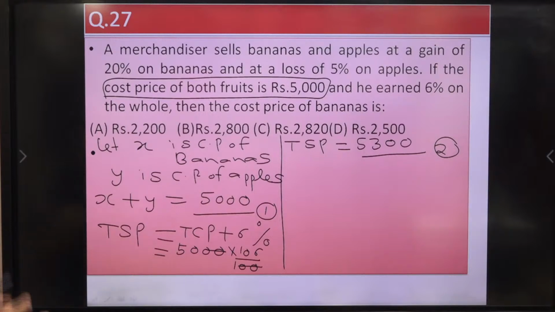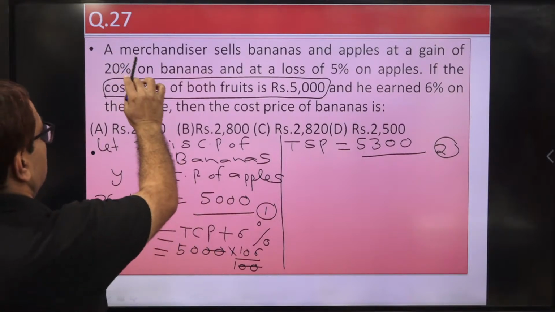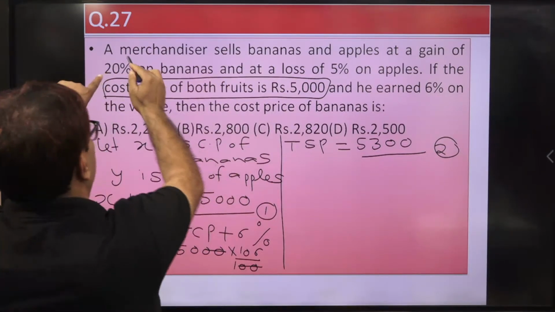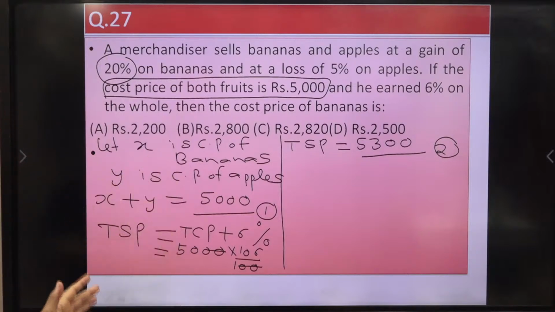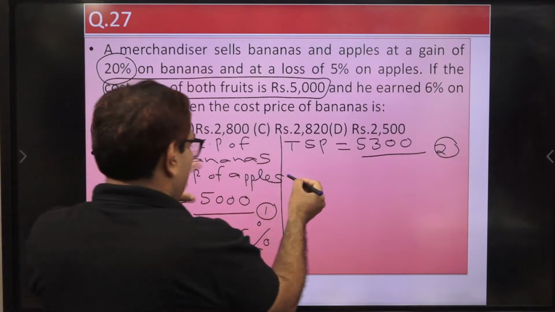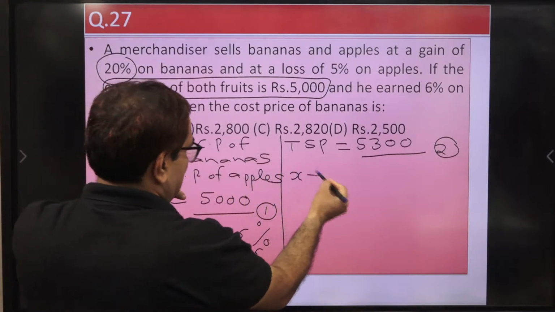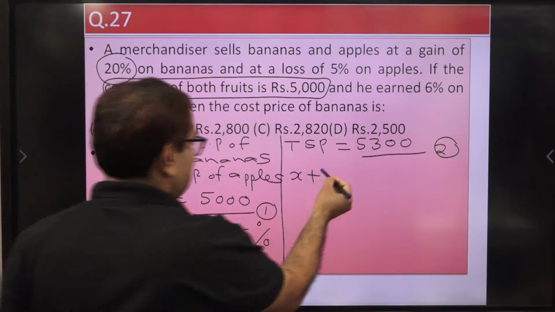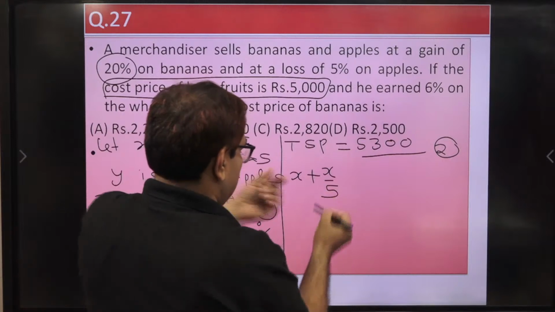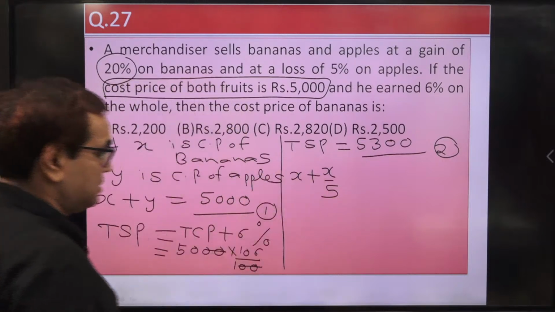Now if we talk individually, on bananas he is getting a gain of 20%. So can you tell me the selling price of bananas? Cost price of bananas was X plus 20% profit. So it means X plus X upon 5. This is the selling price of bananas.